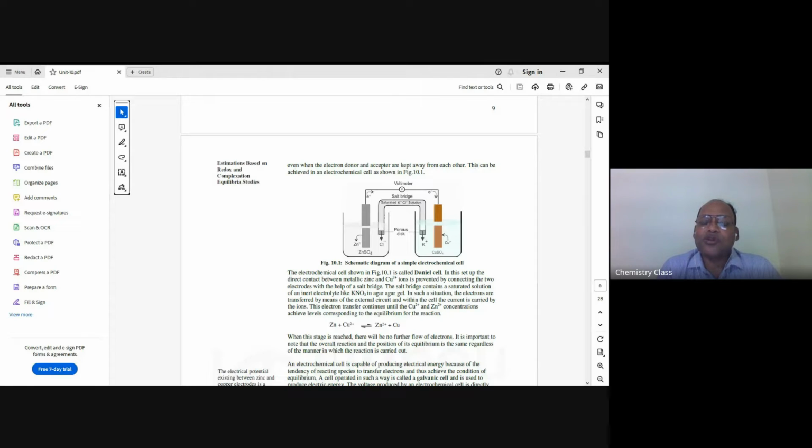As ZnSO4 is there, it breaks down into Zn2 plus and SO4 2 minus. So Zn2 plus will attract the Cl minus, and in the copper sulfate solution, Cu2 plus and SO4 2 minus, the SO4 2 minus will attract the K plus.